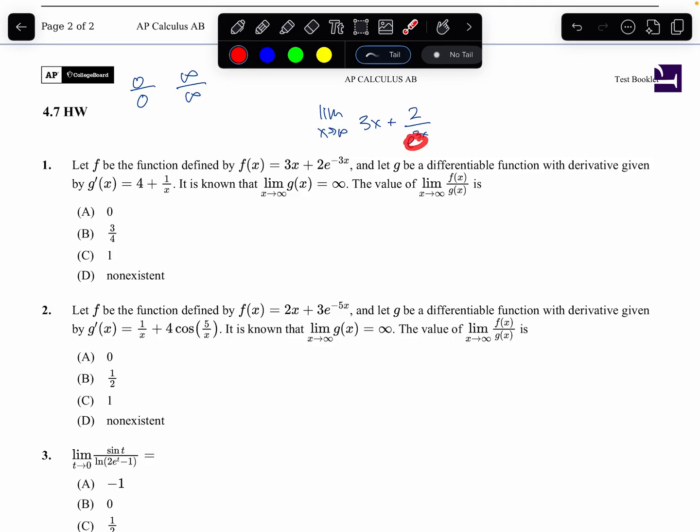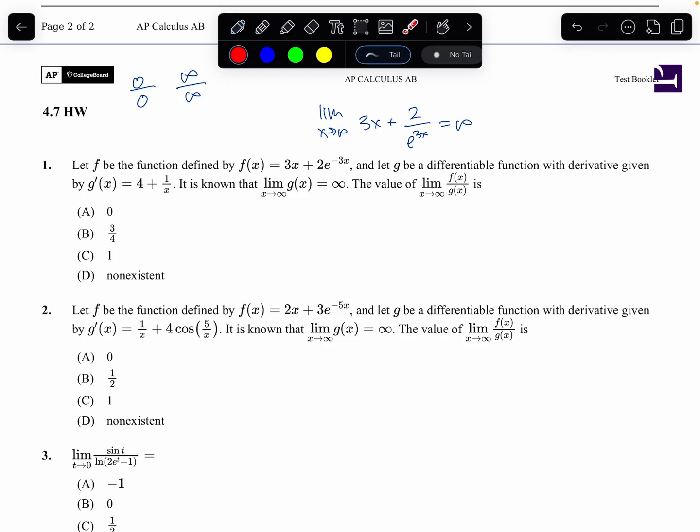Because if x approaches infinity in this expression, this just keeps getting larger and larger. It becomes infinity as x approaches infinity. Now, if the numerator remains constant, though, and the denominator keeps getting larger and larger, then this expression is going to be equal to 0 at infinity. But this expression here is going to approach infinity. So the entire expression is going to approach infinity. So it's going to be equal to infinity.